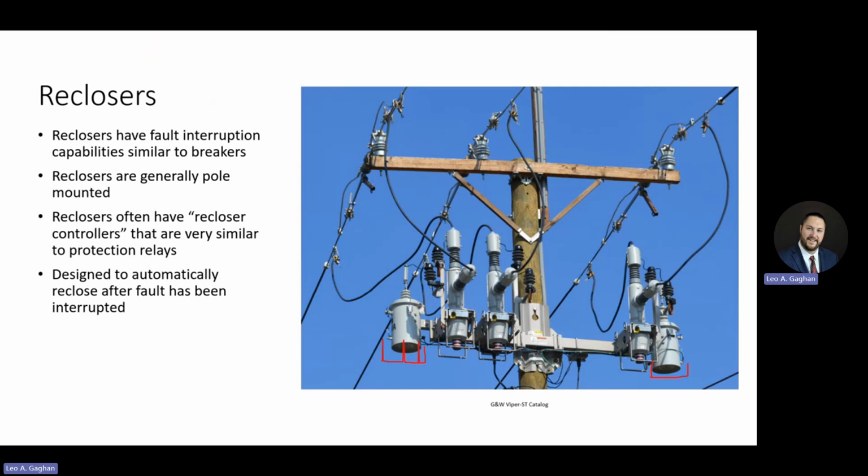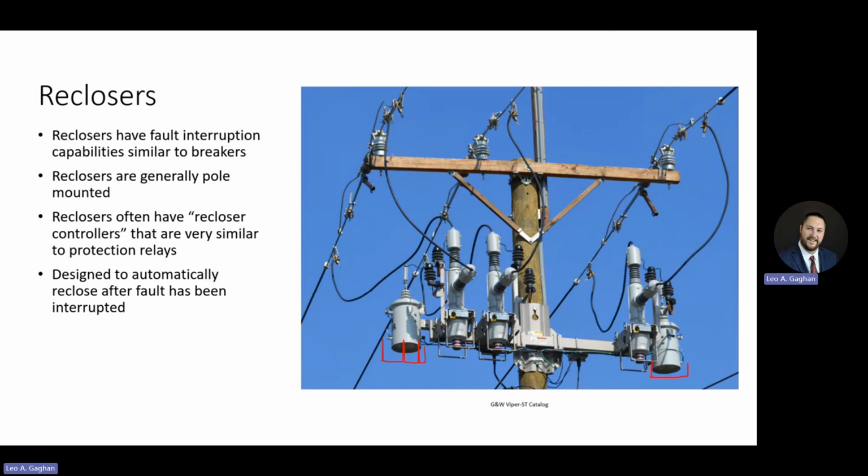You can see here, these are actually called yellow handles. We've got one per phase. In an emergency situation, a technician can actually take an insulated rod and pull on one of those to trip it. I would probably personally just hit the trip button on the recloser controller, but that's pretty standard for most reclosers.